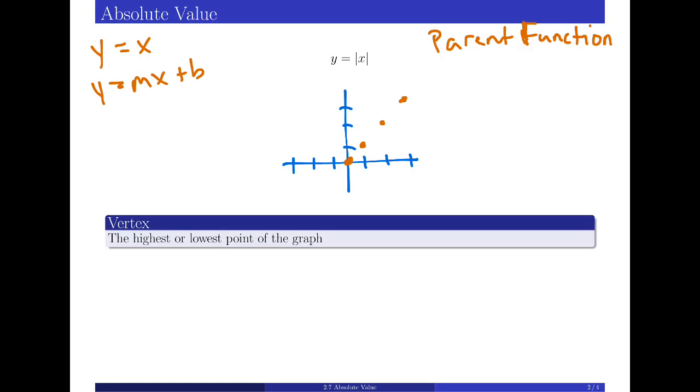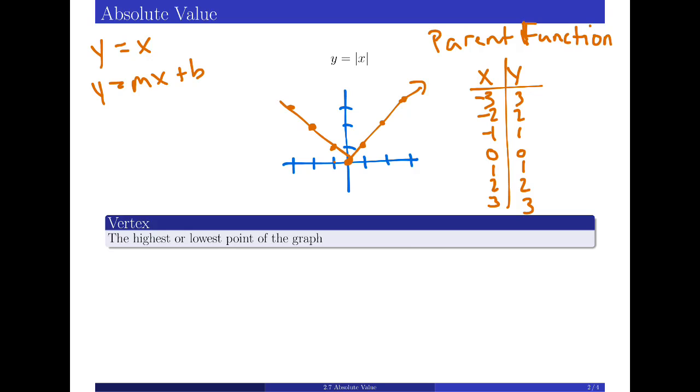Now going to the negative side, if I plug in negative 1, the absolute value of negative 1 is a positive 1. Absolute value of negative 2 is positive 2. Absolute value of negative 3 is positive 3. So basically, I just made an XY table, right? And then it went 3, 2, 1, 0, 1, 2, 3 for absolute value.